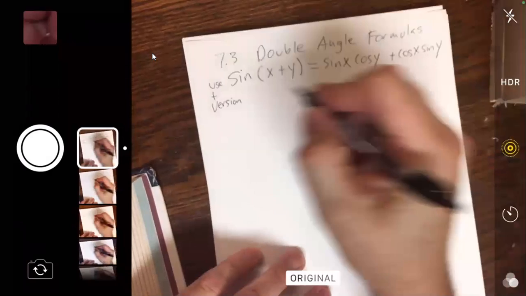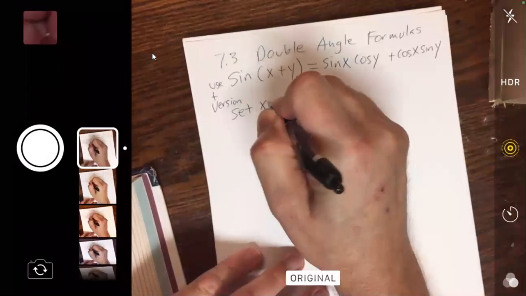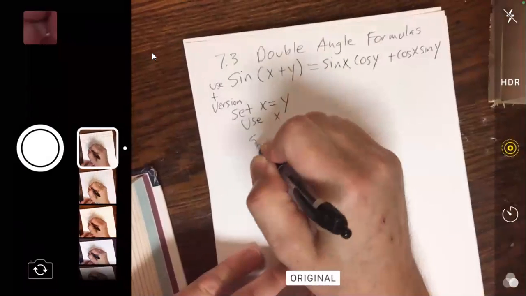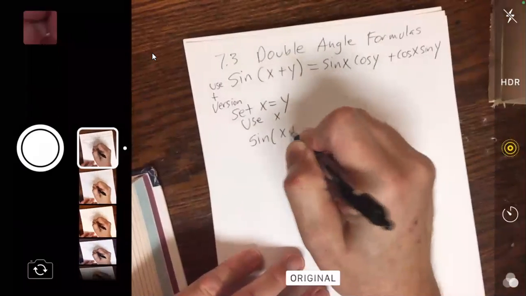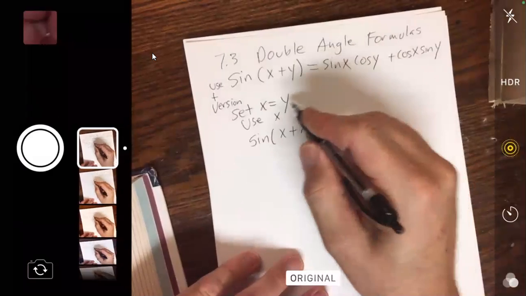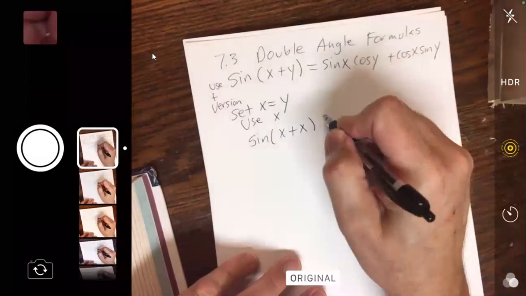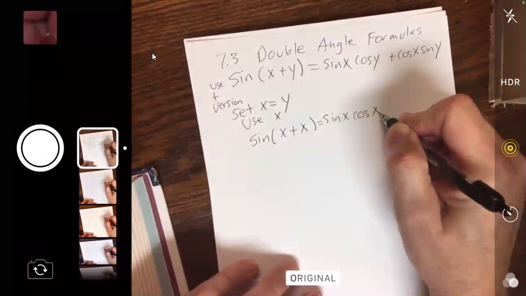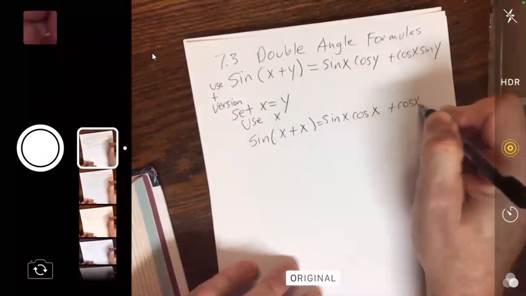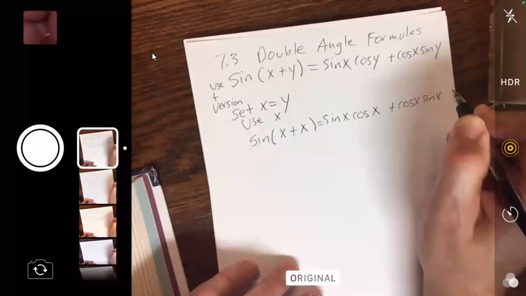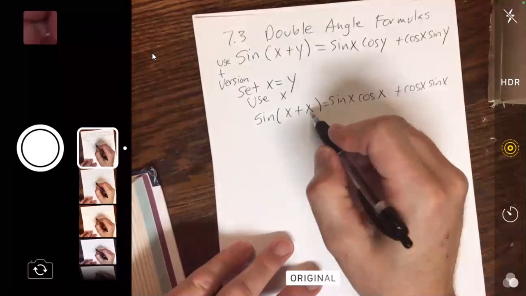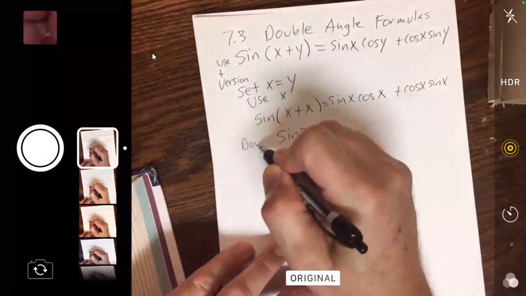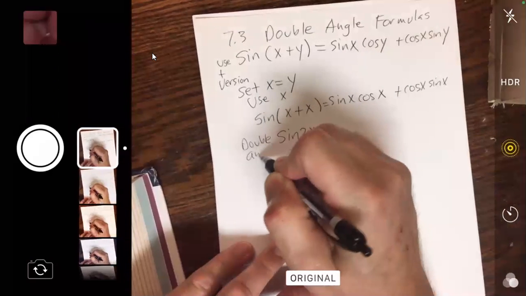And then set x equal y, and we'll use x. So that's sine of x plus x. We're going to put in an x wherever there's a y. So we'd have sine x cosine x plus cosine x sine x. Well, x plus x, there is 2x, and that is where you get your double angle.